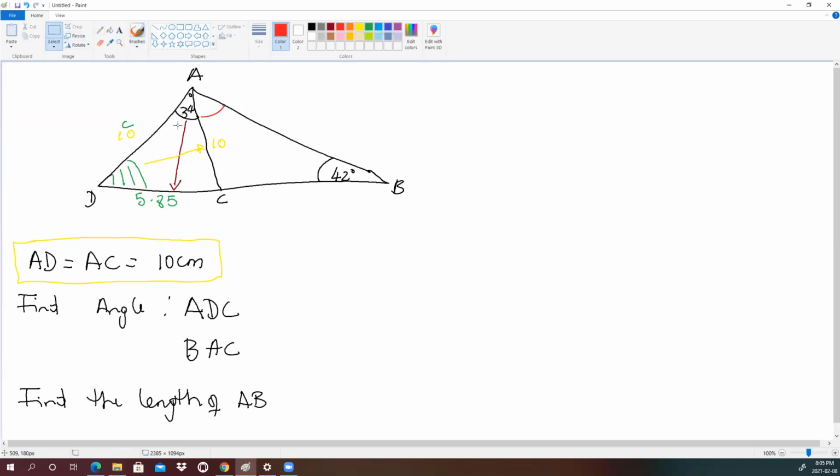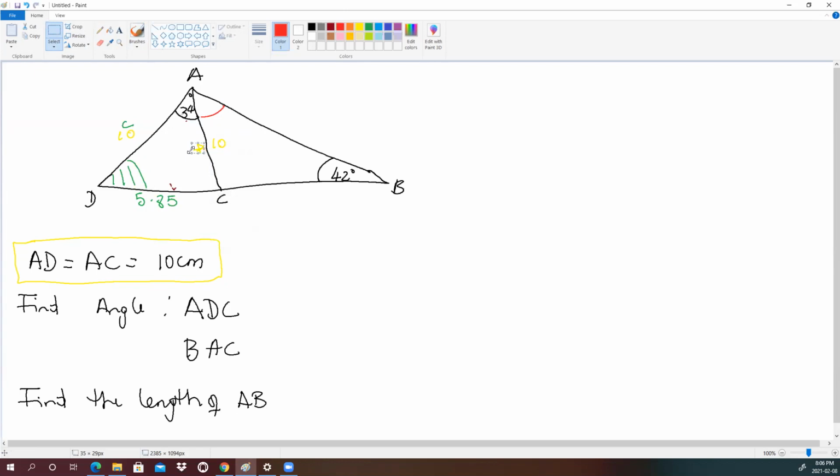I'm just going to take out some of the stuff inside the triangle, just to make it less crowded. All right, so tell me what you get now, I'm waiting on you guys.